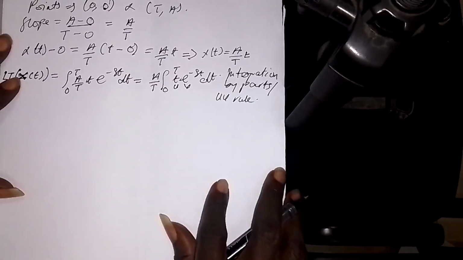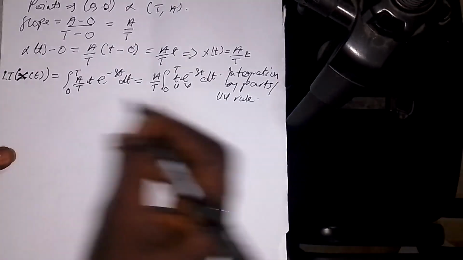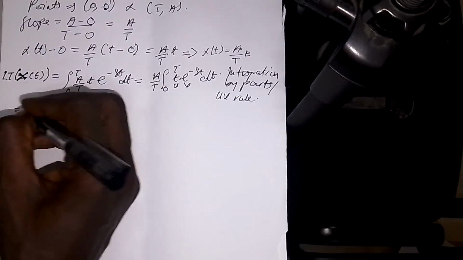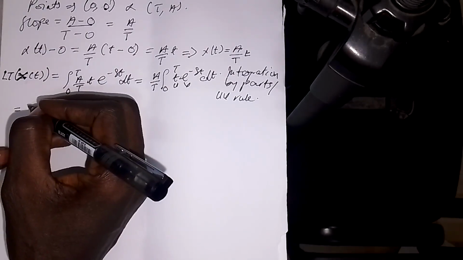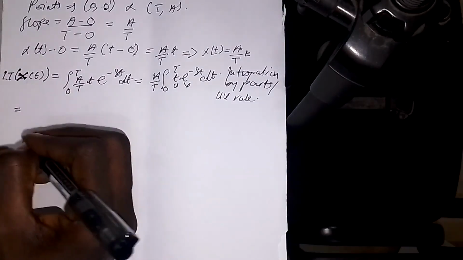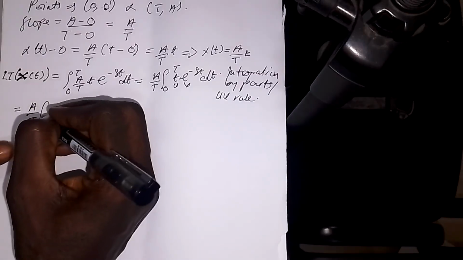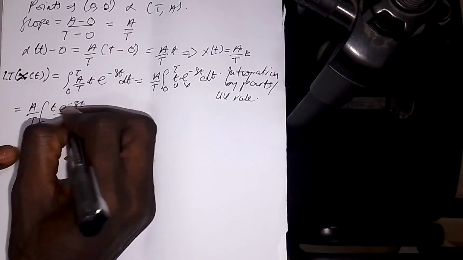Okay, so now if you know this one, then we can just go straight ahead. So if I do my integration by parts, then this is what I'm actually going to have. Okay, I'm going to have A on T into, I'll hold T, differentiate E minus ST over what?